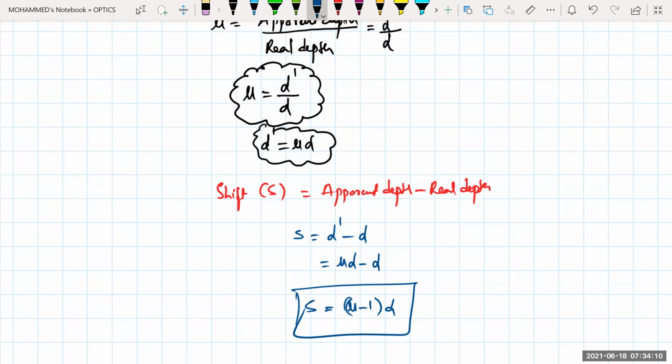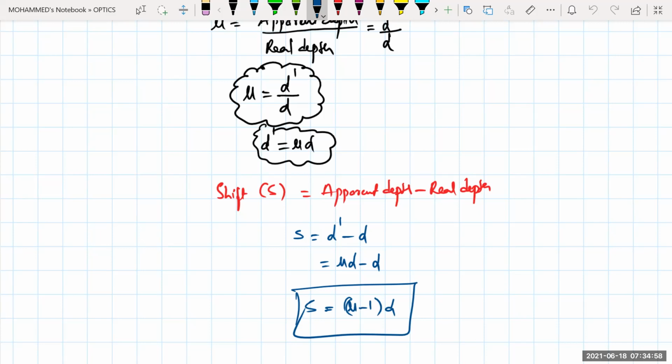So when the object is in a denser medium and the image is in the rarer medium, denser to rarer, it will move away, and we see it farther than actual.